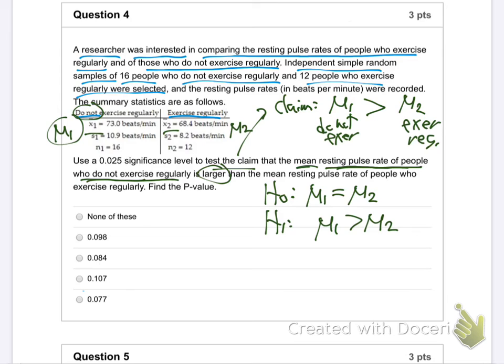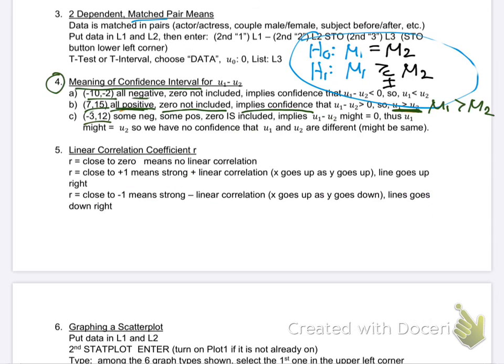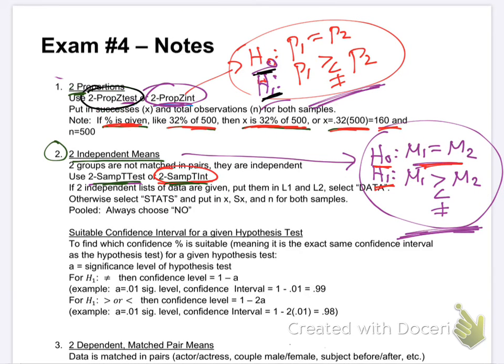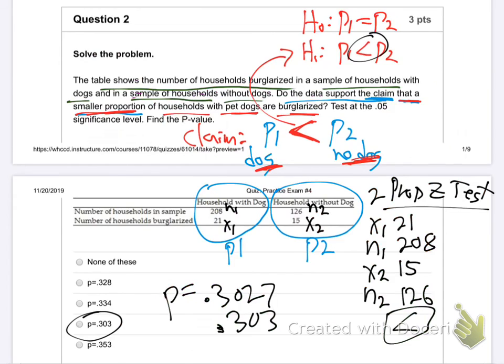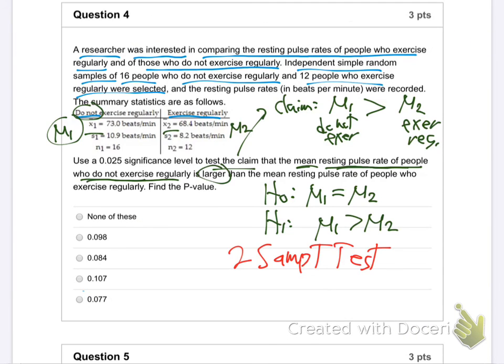All right, and so now we go on from there, and we go into our calculator, 2-sample t-test. That's what it tells us back here. On this one, H0, H1, we'll do 2-sample t-test. So let's try it.